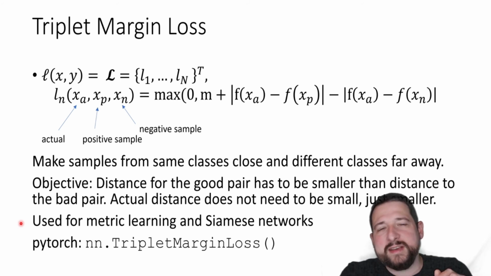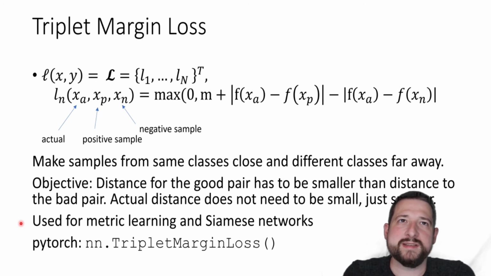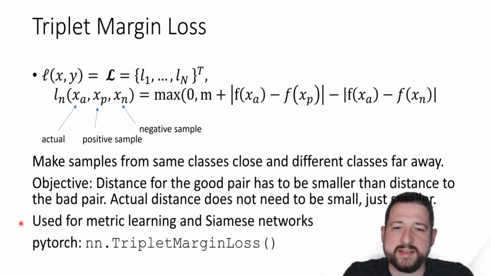You put that in and try to make it larger. If this is at least larger than a margin, then the loss is 0. Otherwise, it's the linear loss. Really, the only thing that matters is that the distance between the good pair is smaller than the distance between the bad pair here. So XA and XP should be smaller than XA and XN.